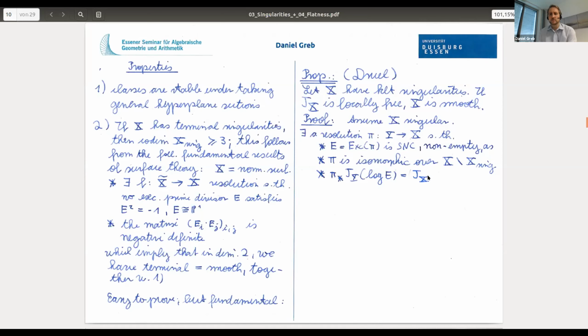Okay, and then the main point is the third property, which says that every locally defined vector field on X, so a section of T_X, lifts to a vector field on the resolution, tangent, so it should be T_Y minus log E, tangent to the exceptional set of this resolution. Yeah, and you can prove this if you have a canonical resolution algorithm.